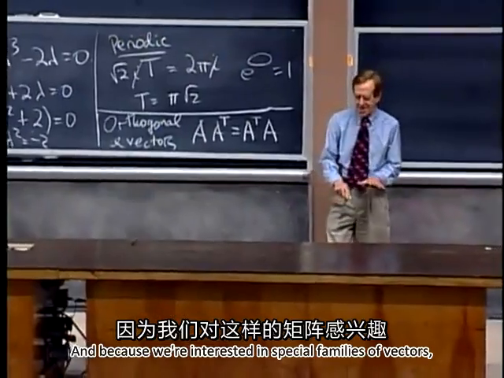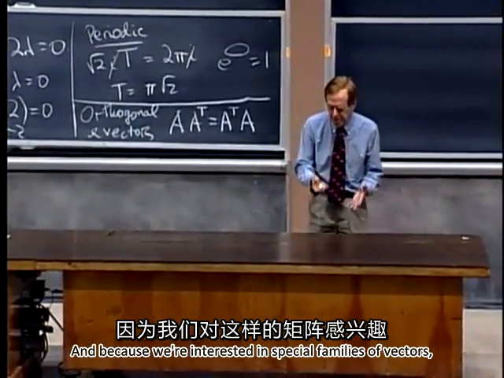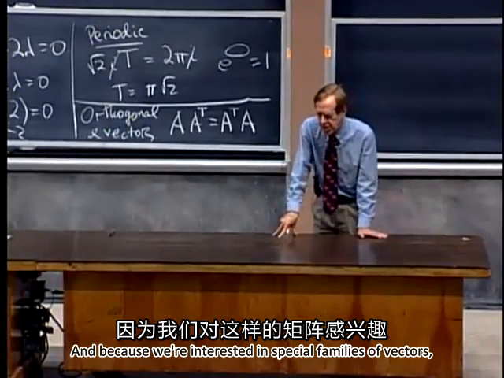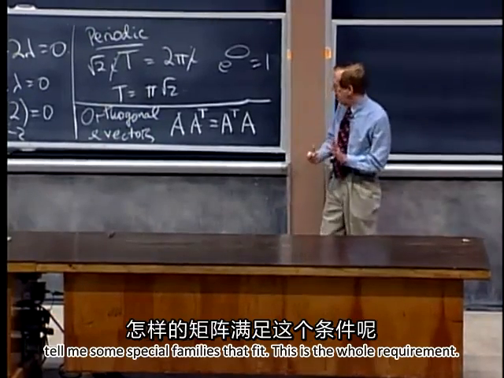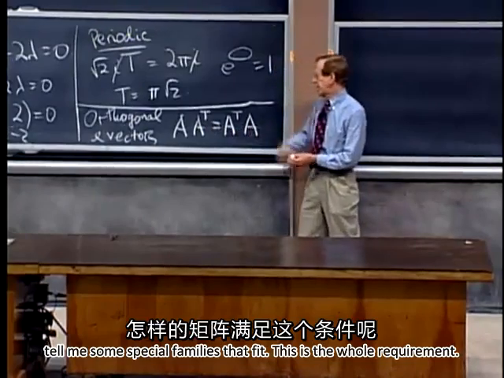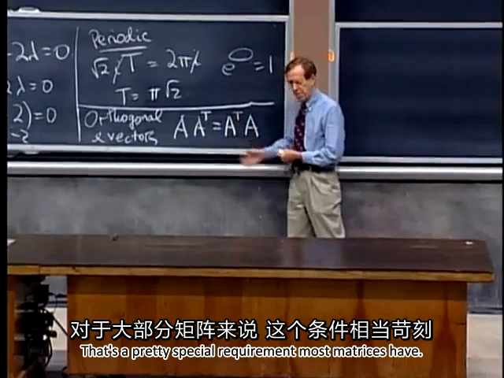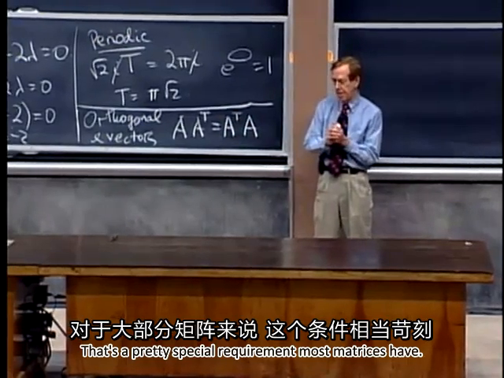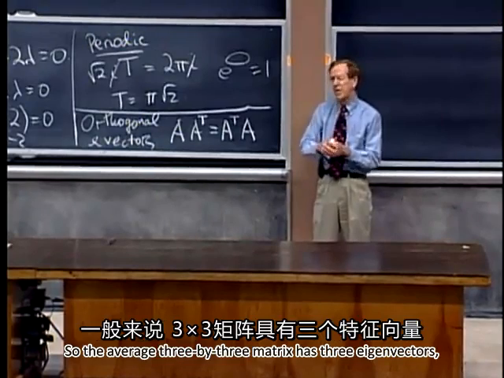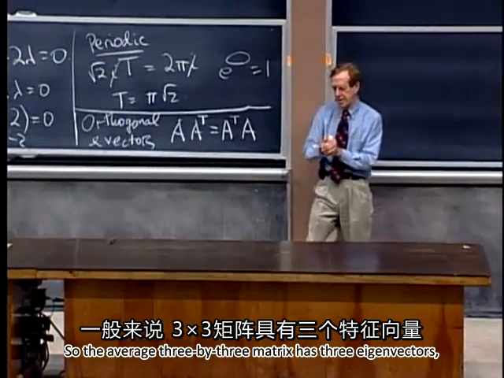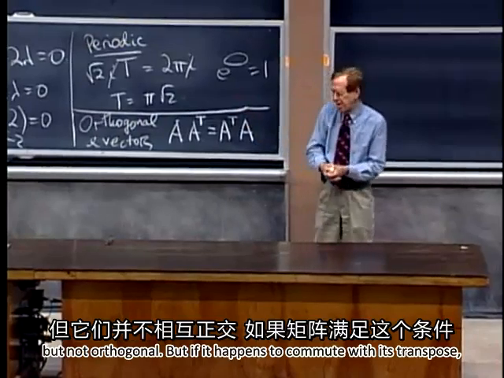And because we're interested in special families of matrices, tell me some special families that fit. This is the whole requirement. That's a pretty special requirement. The average 3 by 3 matrix has 3 eigenvectors, but not orthogonal.